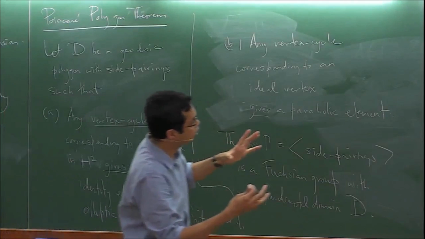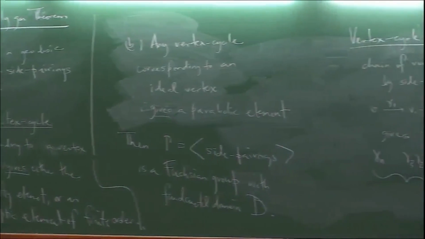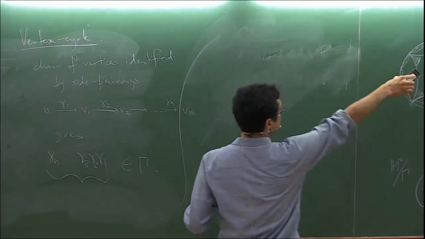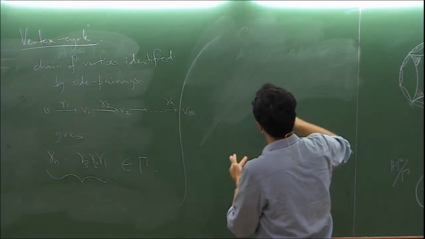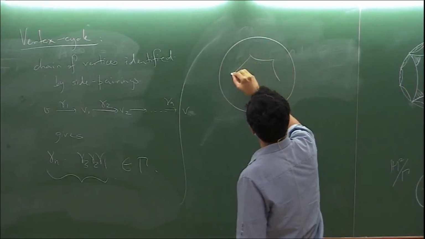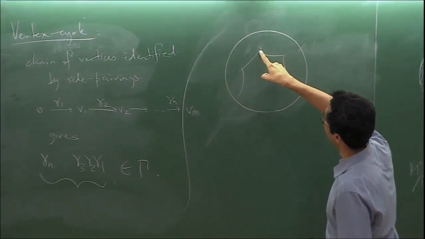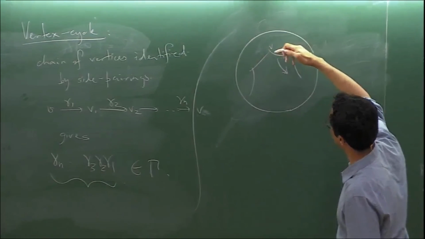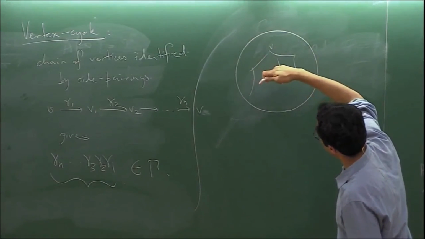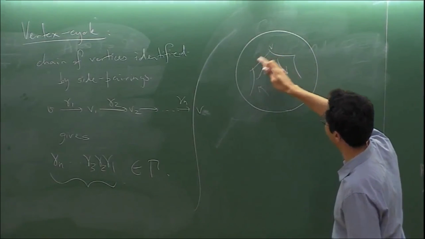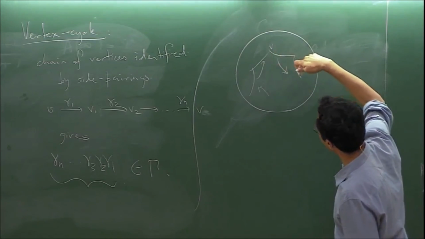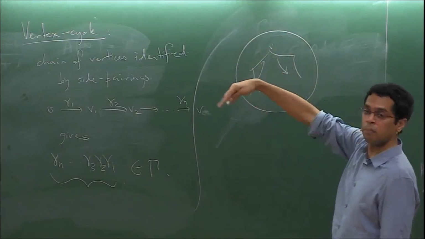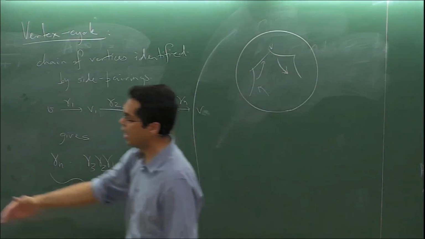If you start with a polygon which has a vertex in the interior, say this V, you can follow the side pairings for the sides V belongs to, and maybe you come back to V. The product of these elements needs to be either the identity element or an elliptic of finite order. That's condition A here.